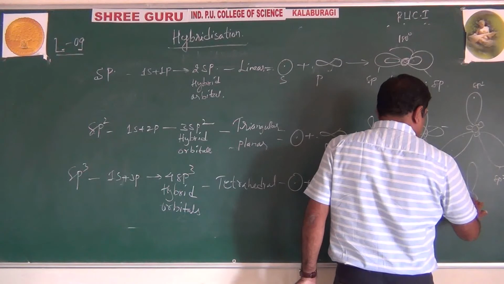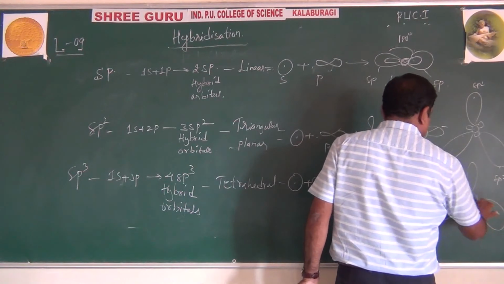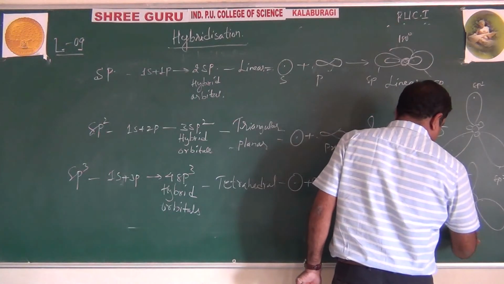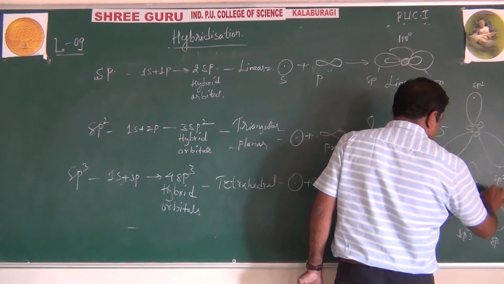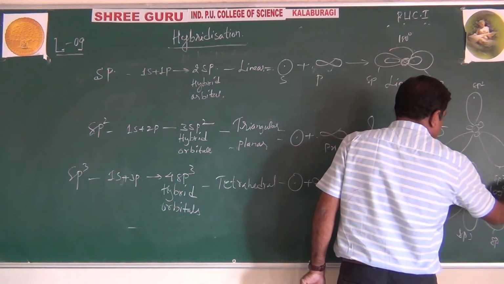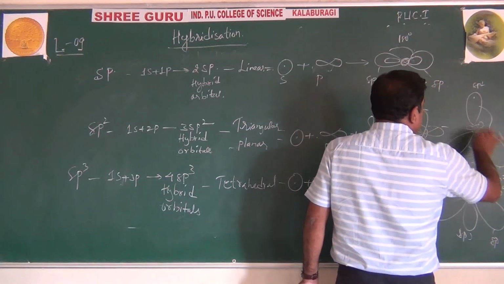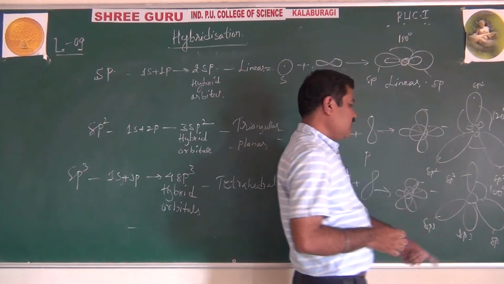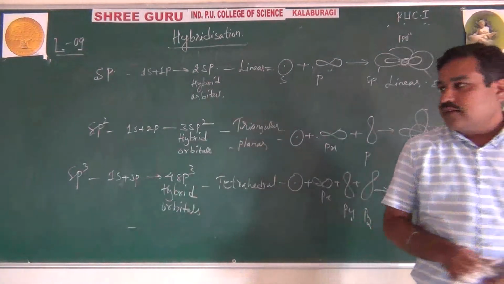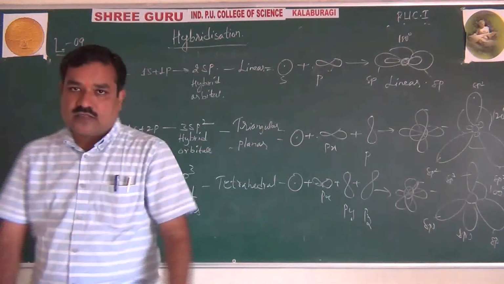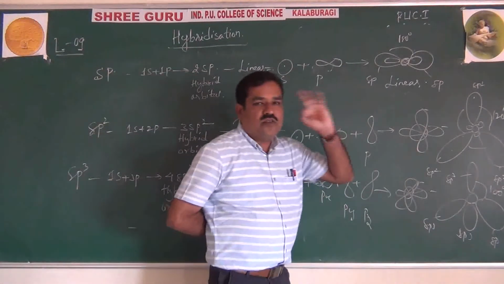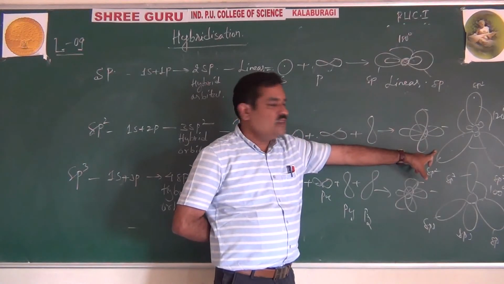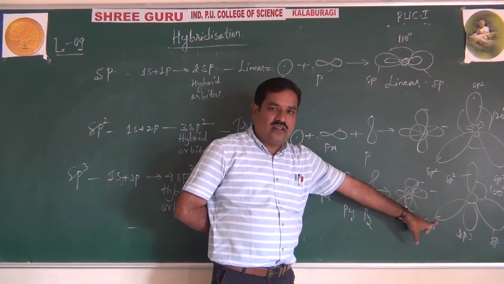This is sp3, sp3, sp3, sp3, with a bond angle of 109 degrees 28 minutes. Here the bond angle between these is 120 degrees, triangular planar, and this is a tetrahedral structure. First you should know this: if they ask you sp, the picture that comes to mind is linear; sp2, triangular planar; sp3, tetrahedral.